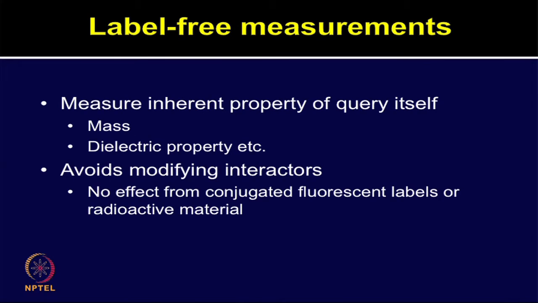Now, let us focus on discussing the aspects of label free measurements. These rapidly evolving techniques aim to provide data by relying on measurement of inherent biophysical properties of the query molecule, such as molecular weight, refractive index, dielectric property, etc. It allows monitoring of molecular events in real time in a high throughput manner, eliminating the need for addition of secondary reactants, which is the case in label based detection techniques.